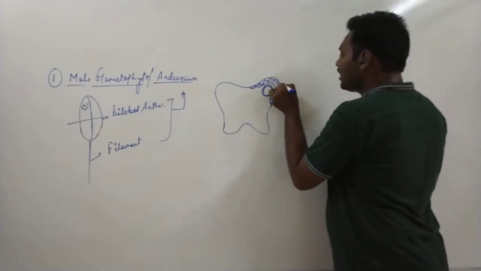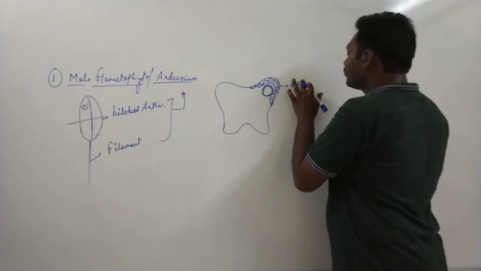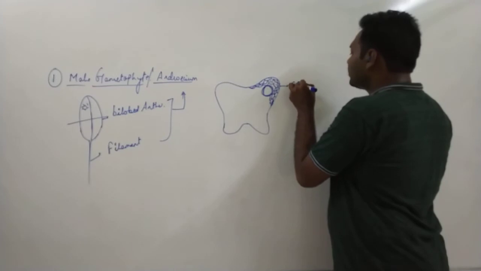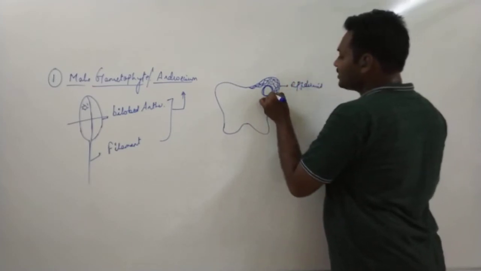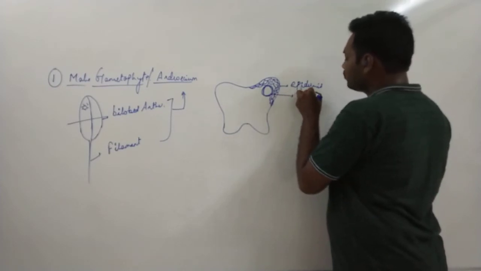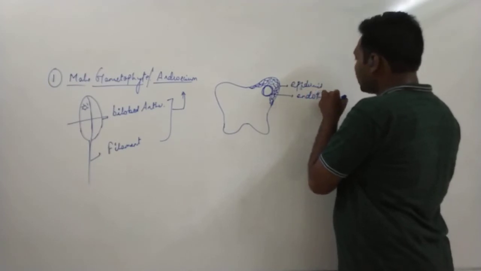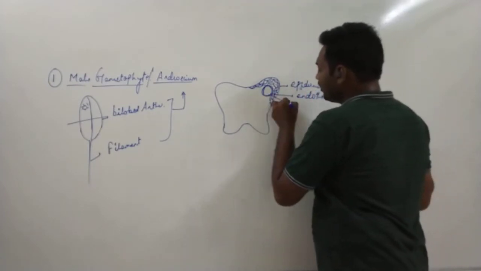The outermost layer is referred to as the epidermis. Next to that is the endothecium, and next to that is the tapetum.